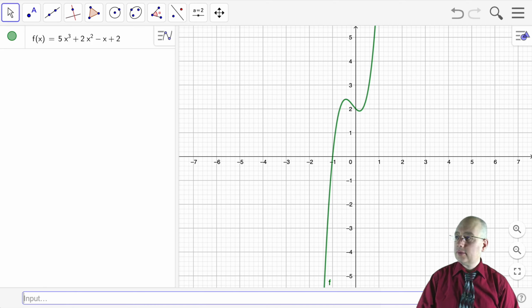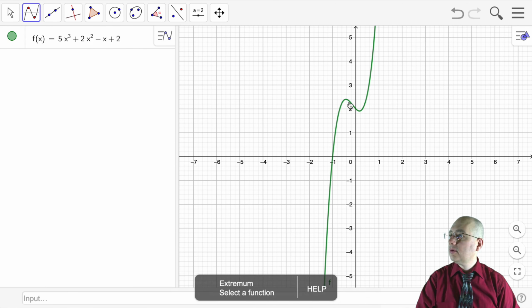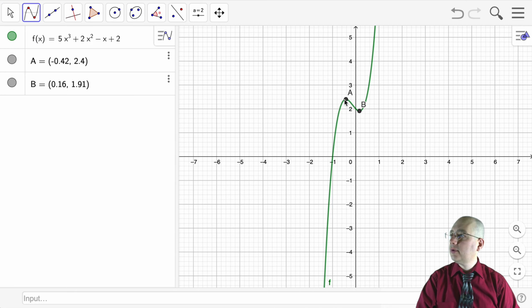Notice that there's nothing symmetrical about anything. GeoGebra helpfully allows you to take these extremums. So there's the max and the min, local max and local min. Notice there's no global max or min, right? So this function goes off to minus infinity and then up to plus infinity.